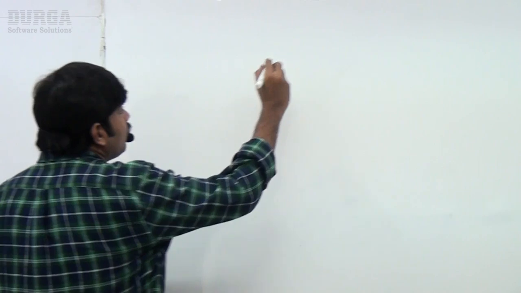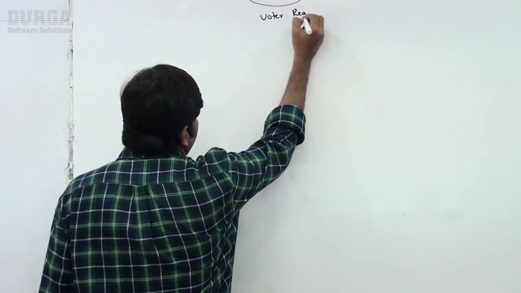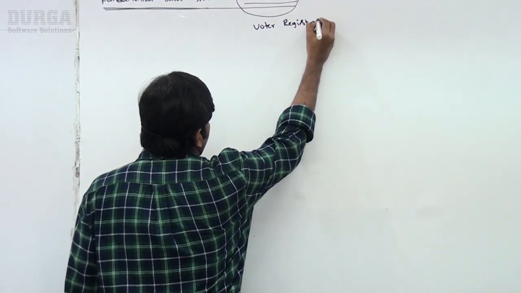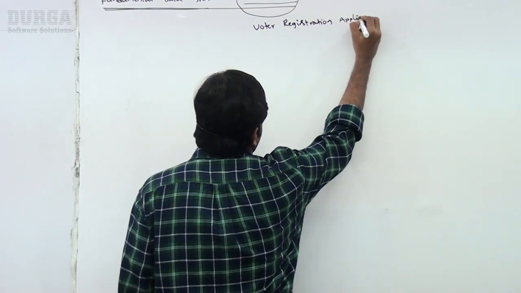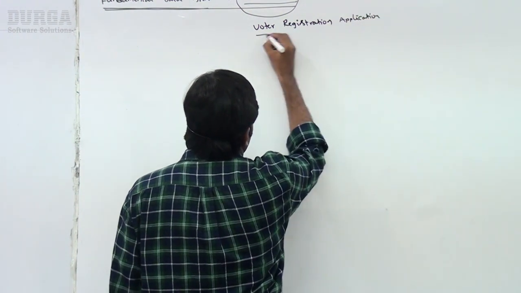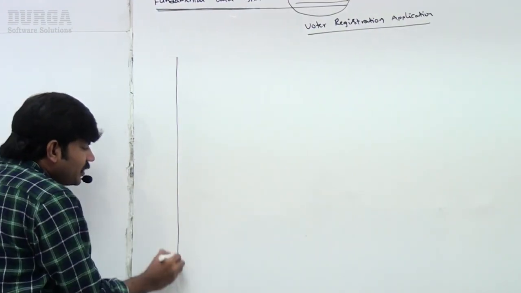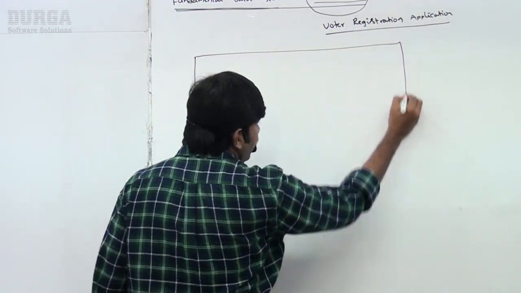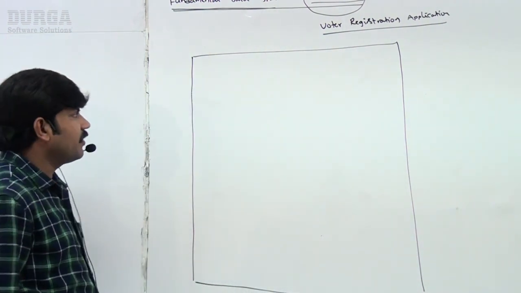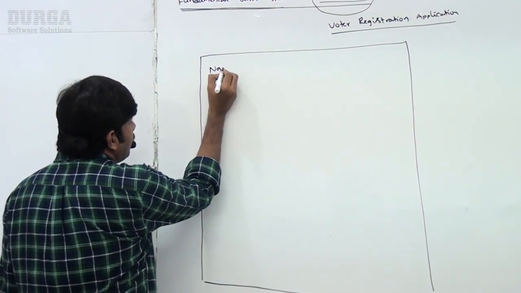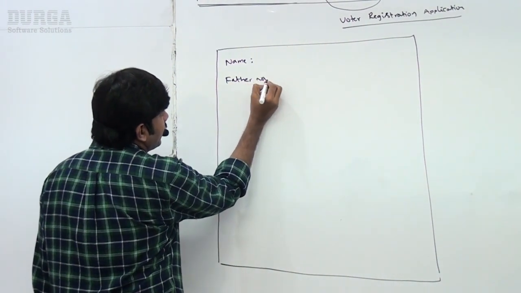Observe that. I want to develop one voter registration application. In this application, do you know which fields are there? The end user, the voter, is required to fill in which fields? Name, compulsory. Father name, required.